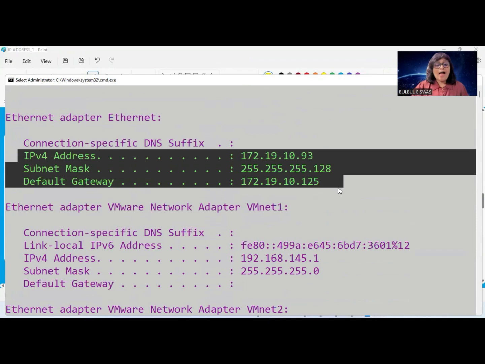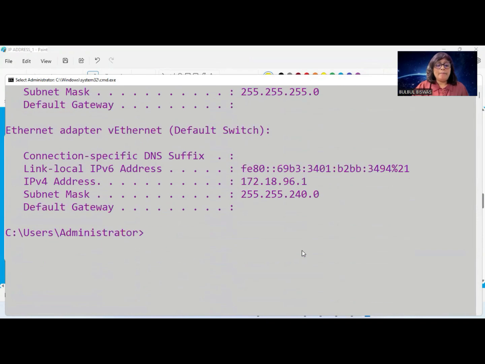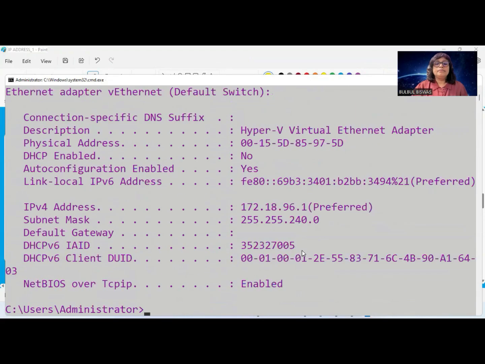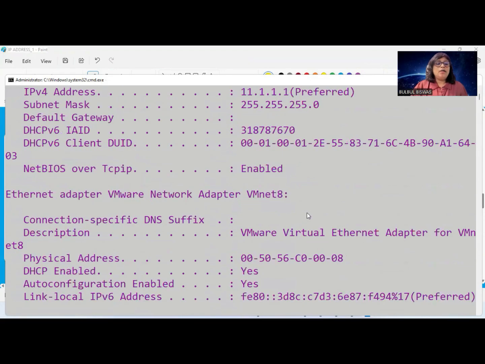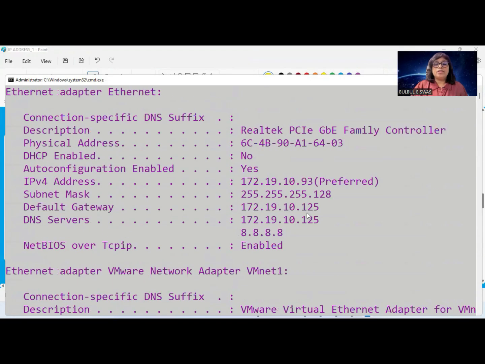Clear? If I want the total TCP/IP parameter settings, I just add /all, and you can see all the information you can get.